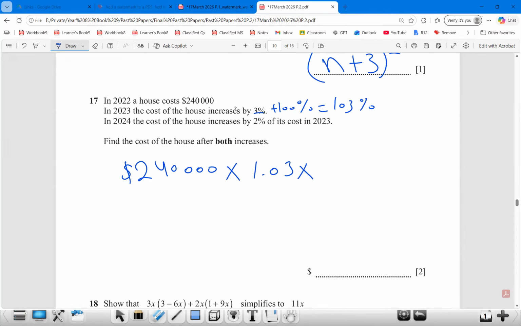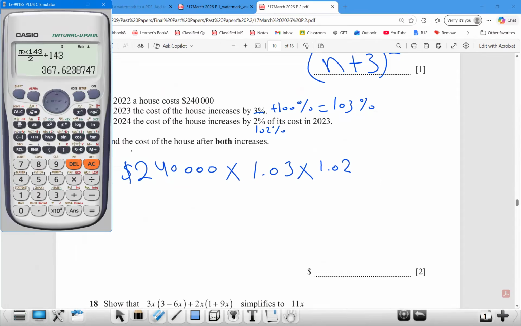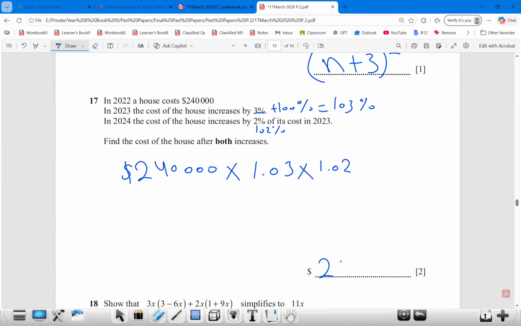Then it increases again by 2%, so it is going to be 102%, which is 1.02. Multiply this by that. This is going to give you 240,000 multiplied by 1.03 multiplied by 1.02 equals 252,144.